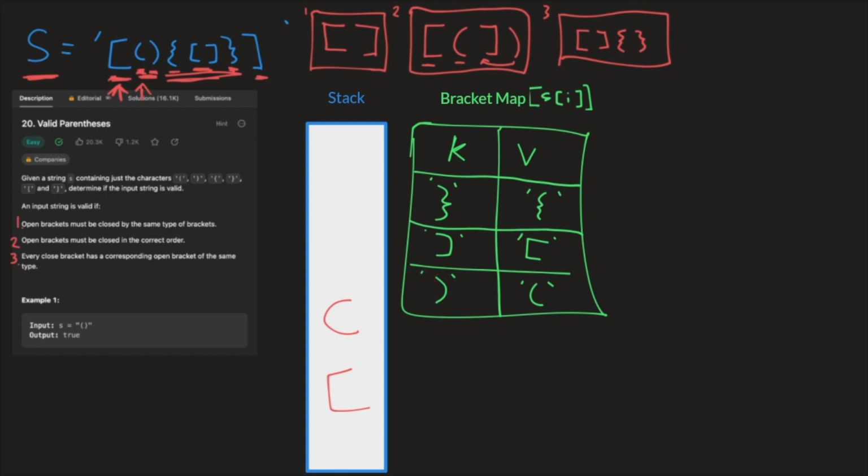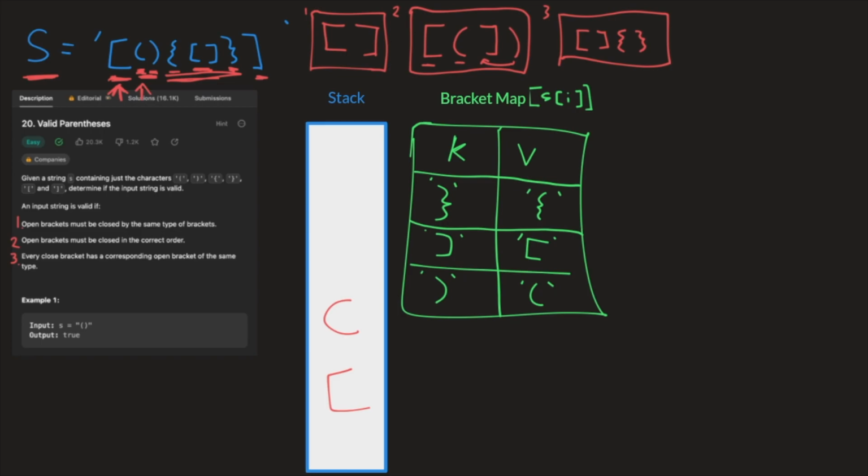The value of that parentheses is an open parentheses, and that's what this bracket map is going to return for us. So that's how we can use this hash map called bracket map to determine the type of bracket that we're looking at. Now, you might be wondering, why doesn't it have all of the possible characters in the key value? Well, we'll find that out as we go through.